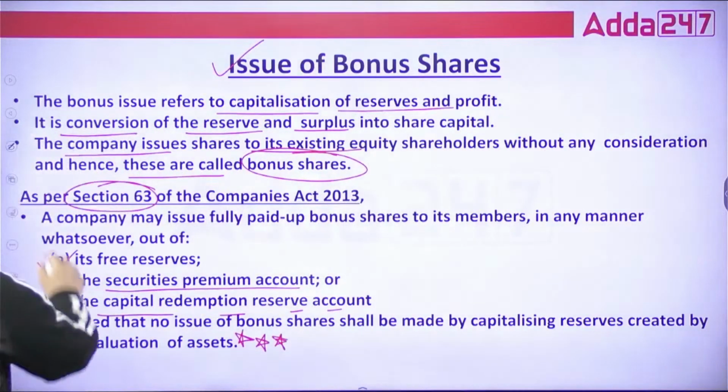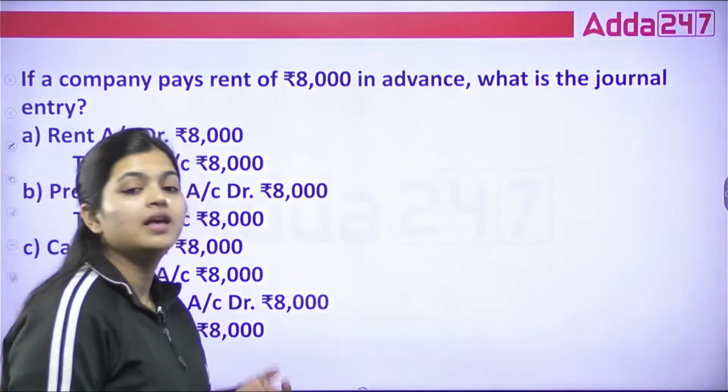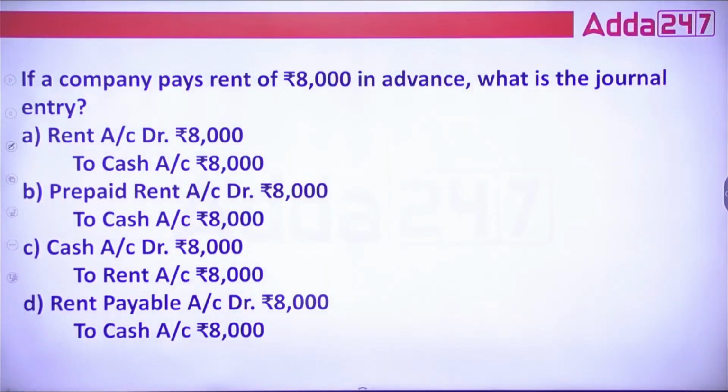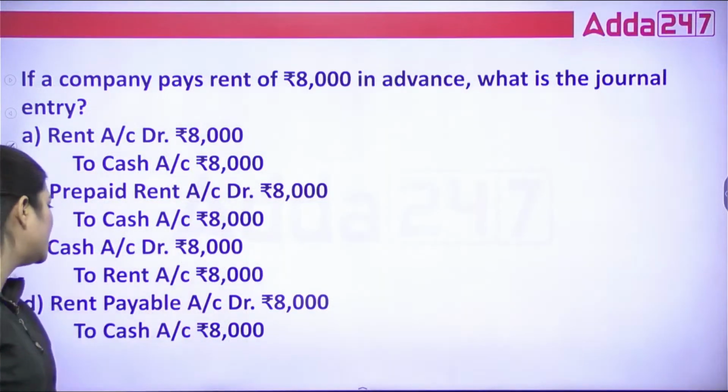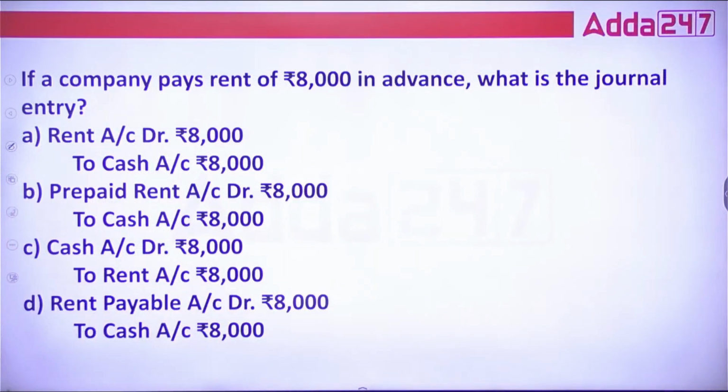Coming to the next question: if a company pays rent of 8,000 in advance, what is the journal entry? A, rent account debit 8,000 to cash account 8,000. B, prepaid rent account debit 8,000 to cash account 8,000. C, cash account debit 8,000 to rent account 8,000. D, rent payable account 8,000 to cash account 8,000.